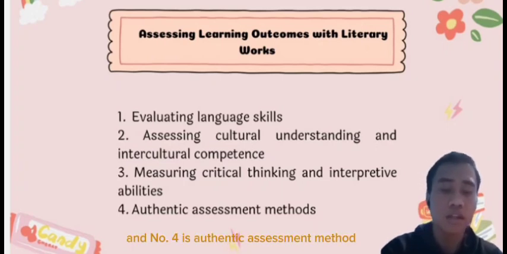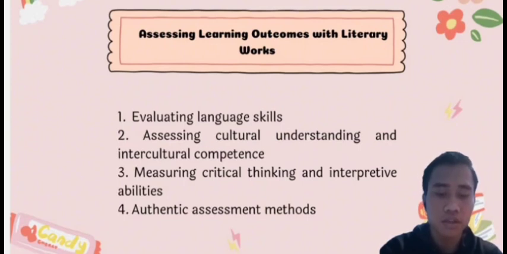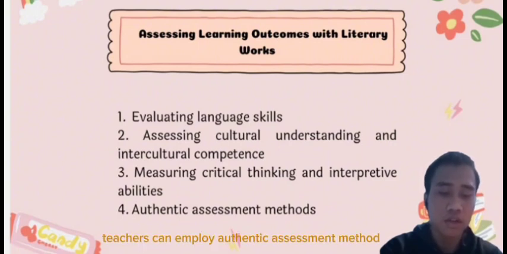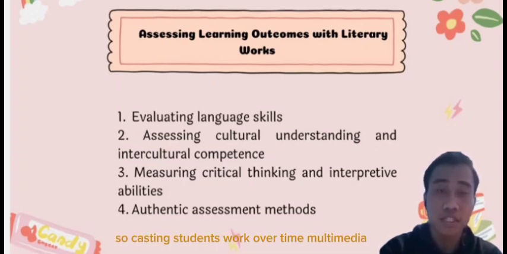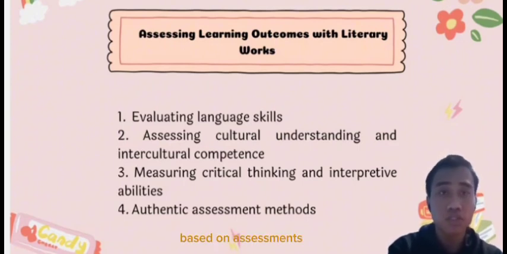And number four is authentic assessment methods. To holistically evaluate the learning outcomes, teachers can employ authentic assessment methods, such as portfolios showcasing students' work over time, multimedia projects that integrate various language skills, or performance-based assessments.